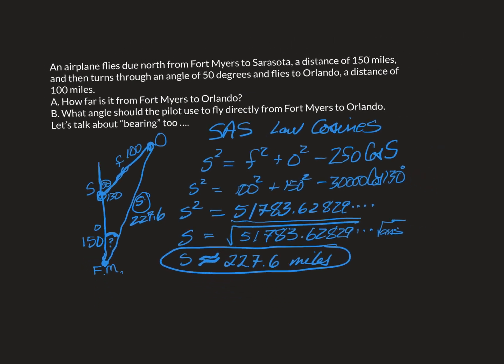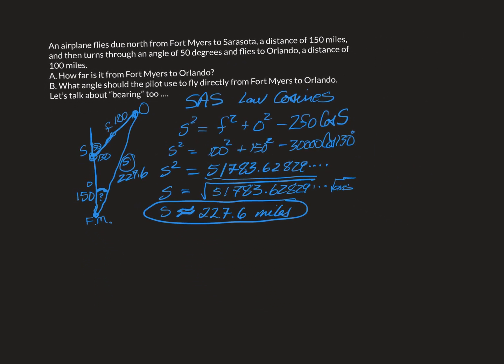And so that now becomes a law of sines because we now know all three sides. And so this could be thought of as an angle side-side with one solution. And so we can do that. And so let's go ahead and do that.